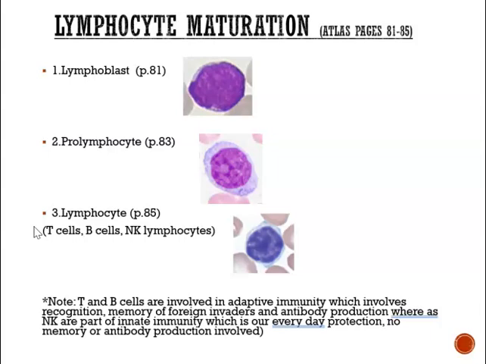The T cells and B cells are involved in the adaptive immunity, which involves recognition, memory of foreign invaders, and antibody production, whereas the natural killer cells are part of the innate immunity, which is our everyday protection. No memory or antibody production is involved.